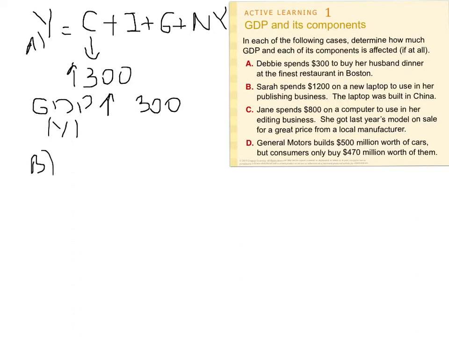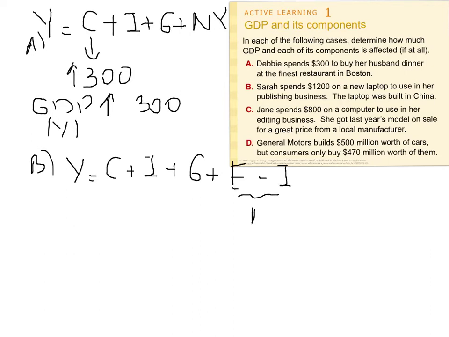Sarah spends $1,200 on a new laptop to use in her publishing business. The laptop was built in China. So again, let's write our identity. Y is equal to consumption plus investment plus government purchases plus, instead of net exports, I'm going to write exports minus imports.